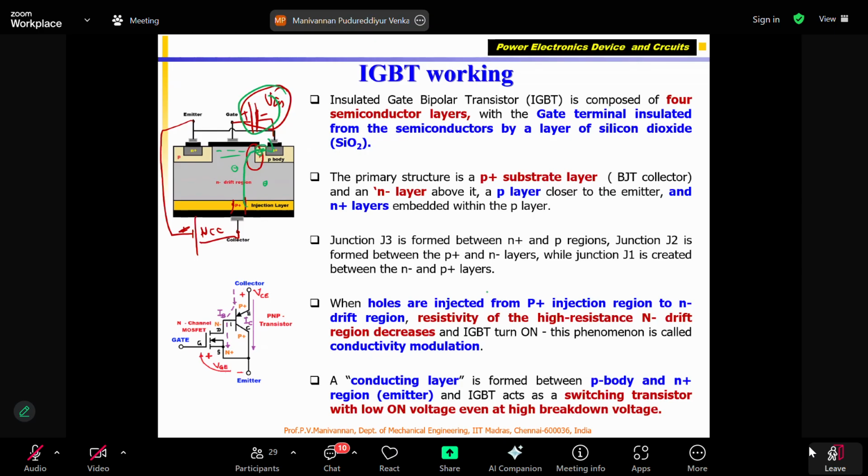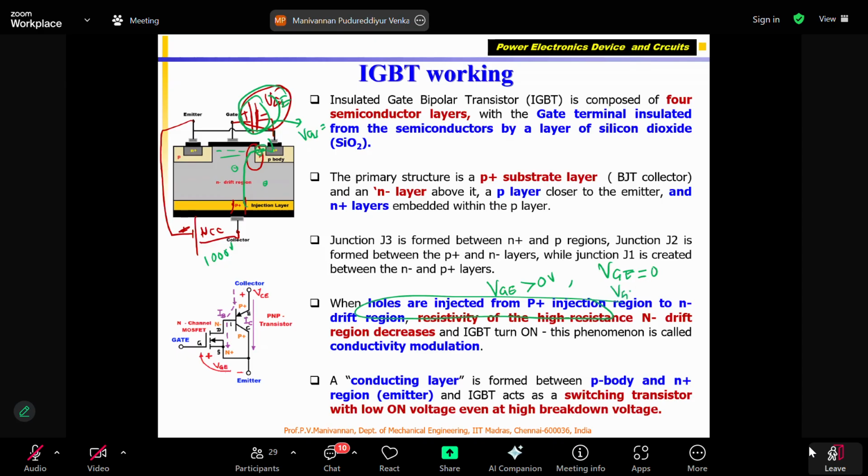Holes will be injected when VGE is greater than 0 volts. When VGE, that is this voltage, is equal to 0, this cannot happen. Injection is not possible. You have to apply a positive voltage here, for example 1000 volts, and also apply a positive voltage VGS, for example 2 volt, 3 volt, 4 volt, depending on how much current you want.